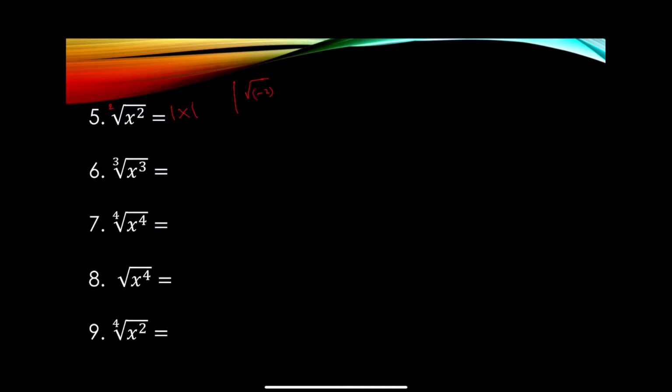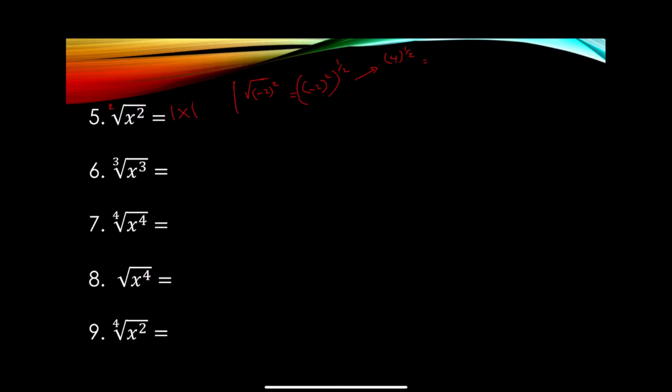-2 squared. What I said, I said it's negative 2 to the power 2, all of this to the power 1/2. The first method that I used, I said negative 2 to the power 2 is 4, and it's 4 to the power 1/2.